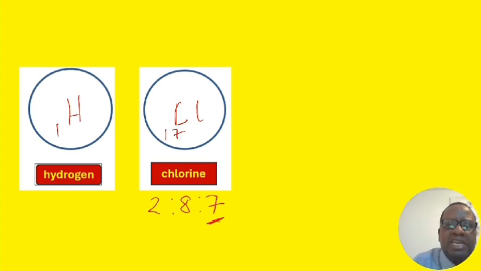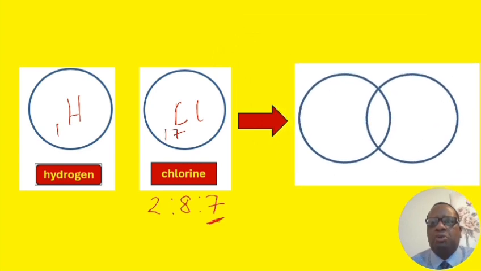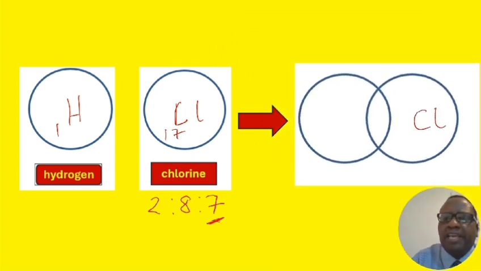Now, chlorine needs 1, hydrogen needs 1. Let's see how this is going to work out. Remember, we are only showing you the electrons in the outer shells. So that's your chlorine there, that's your hydrogen there. Hydrogen says, I need 1, so I'll put 1.